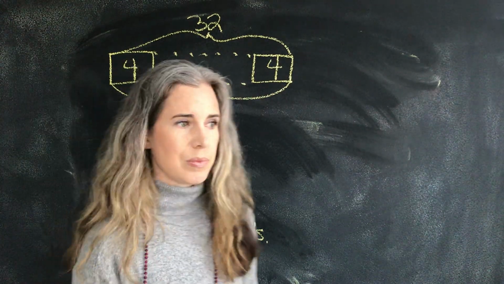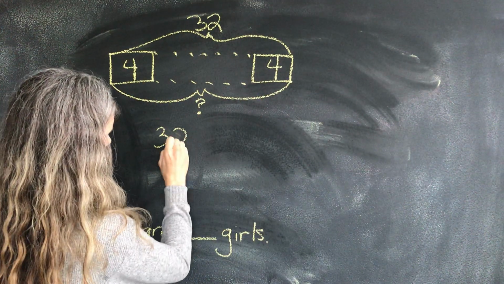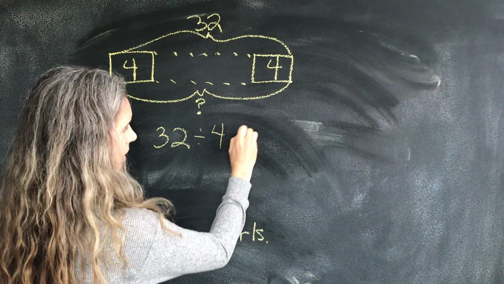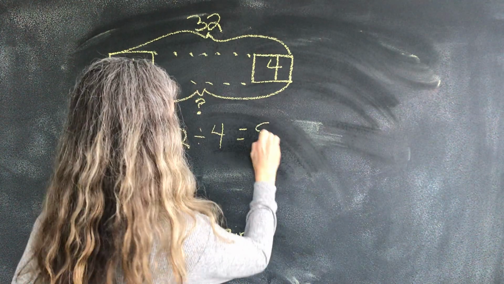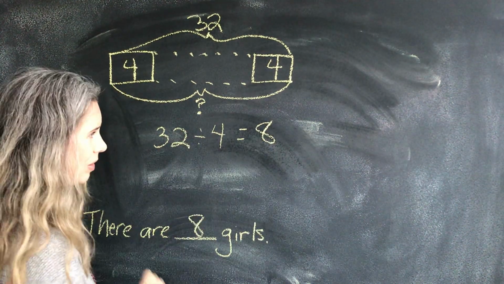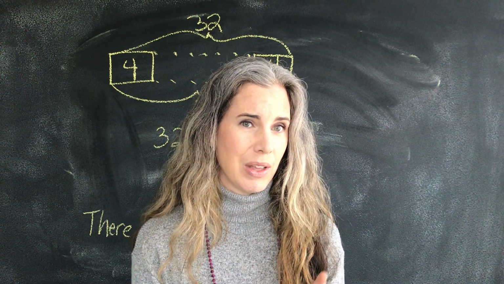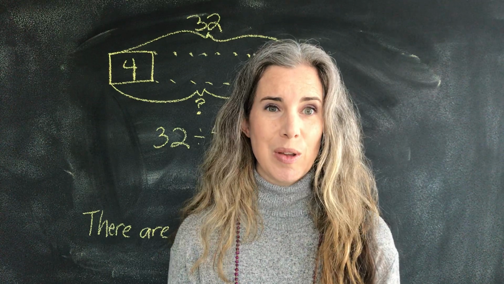Again, start with your whole. Dividing up 4 at a time. And that will give you how many? 8. Good job. There are 8 girls. Double check that math. What is 8 times 4? 32. Good. Okay. Let's go on to number 3.